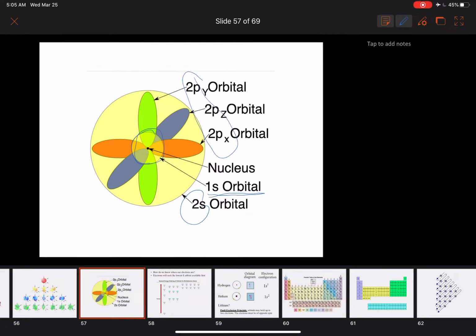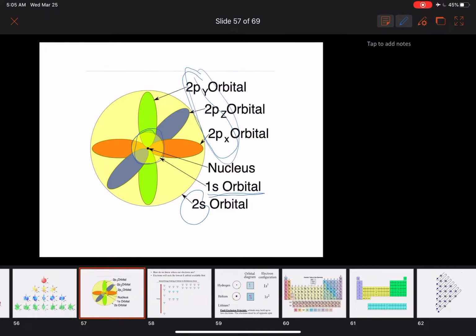And remember that the p's come in threes. So if we fill the 2s with 2 electrons, and then we have more electrons to put somewhere, we're going to get 3 options right away. The 2py, the 2pz, and the 2px, again, that we have right there on that picture.